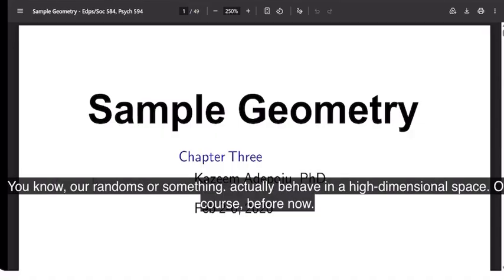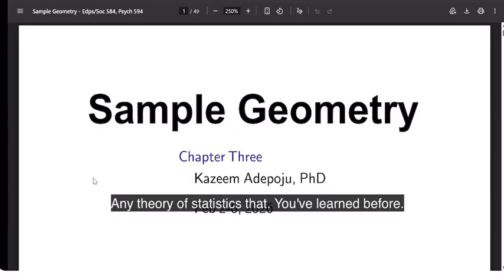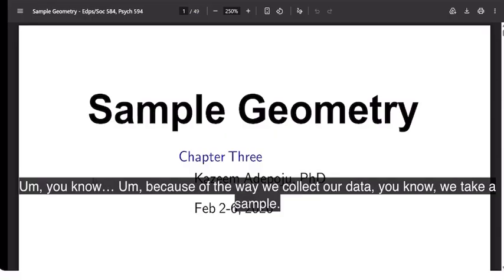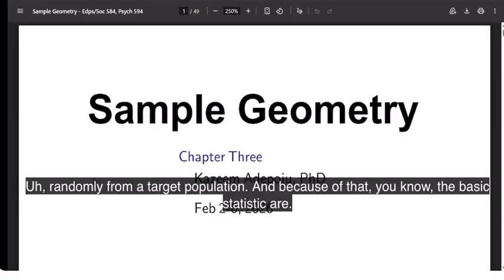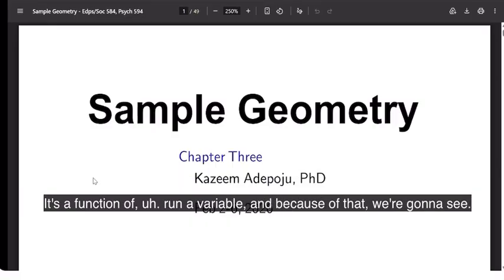In the theory of statistics that you've learned before, because of the way we collect our data, we take a sample randomly from a target population, and because of that, the basic statistic is a function of random variables. So we say a sample statistic is a random variable.